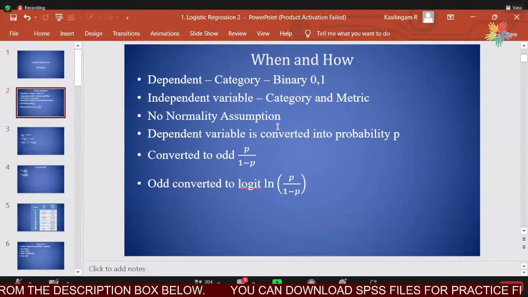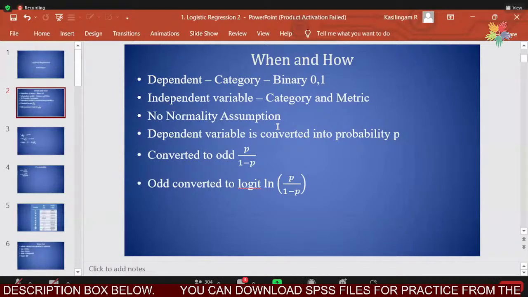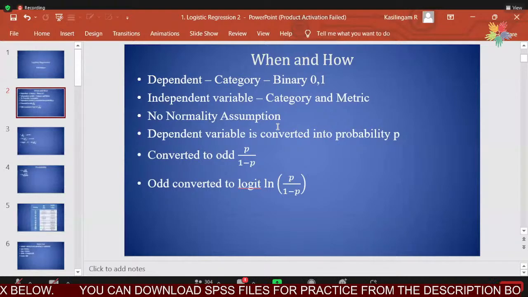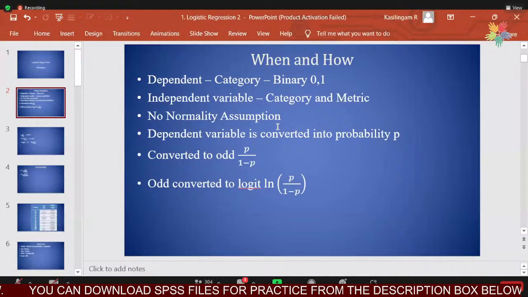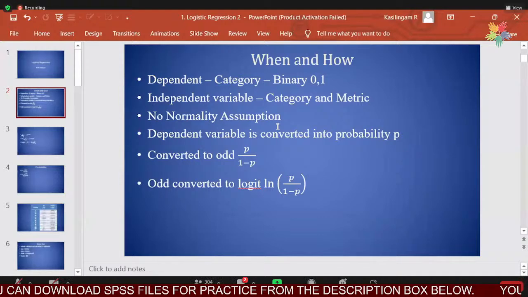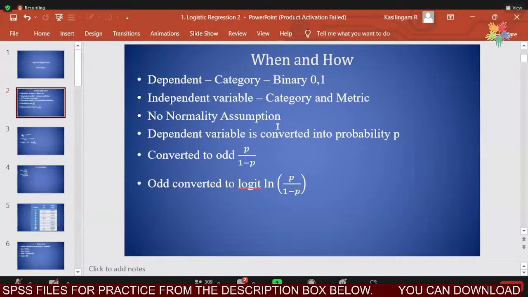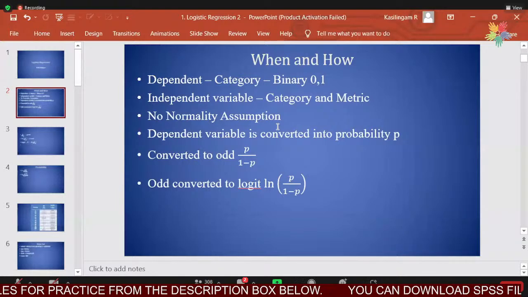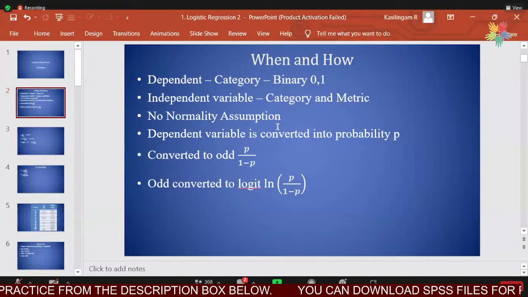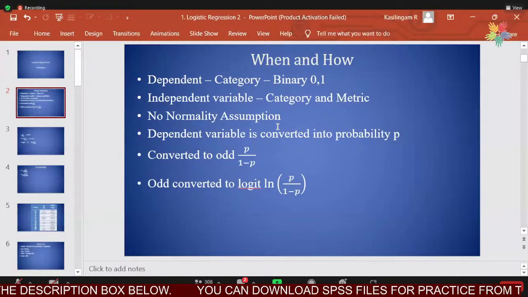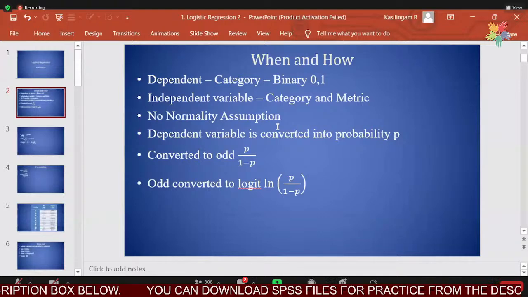Probability of occurring. For example, whether you possess a house or not. If you possess a house, 1. If you do not possess a house, 0. So now I want to know, some people have their own house, some people do not. I want to know what factors influence possessing a house.